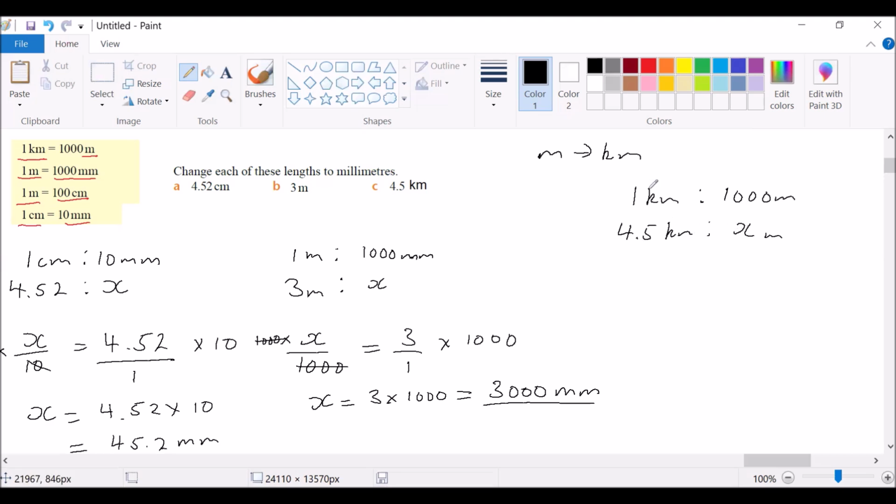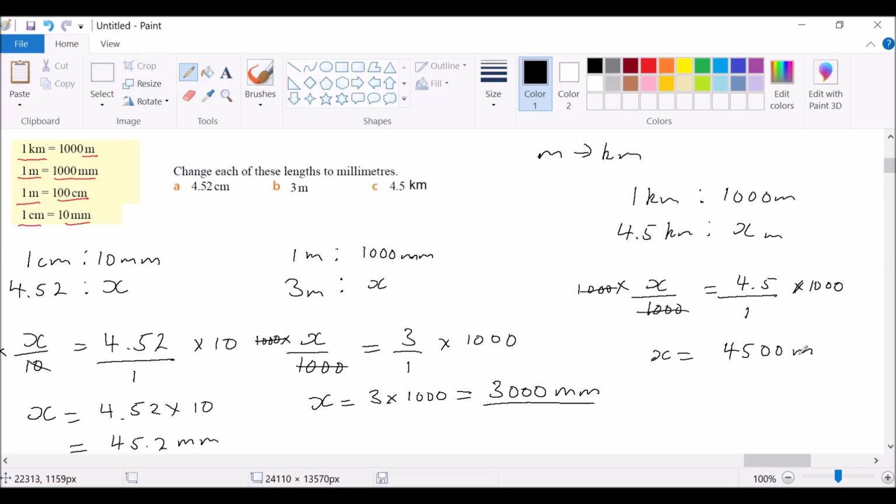So we can form an equation using this. X over 1,000 is equal to 4.5 over 1. Multiply both sides by 1,000.